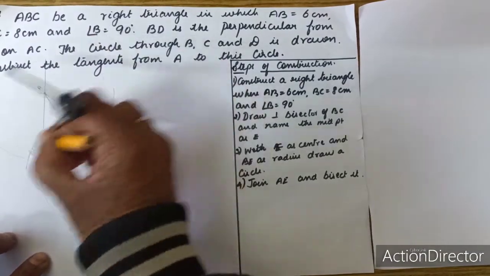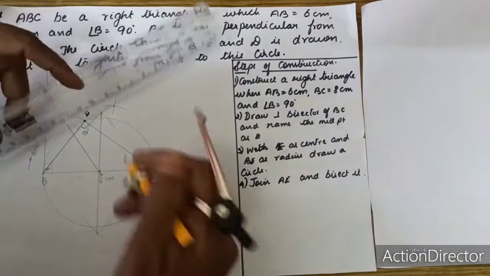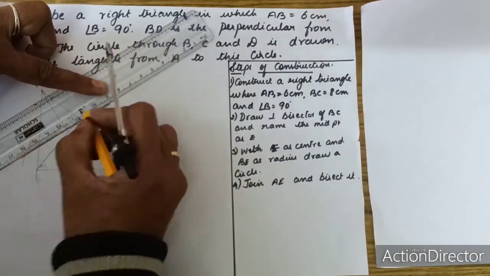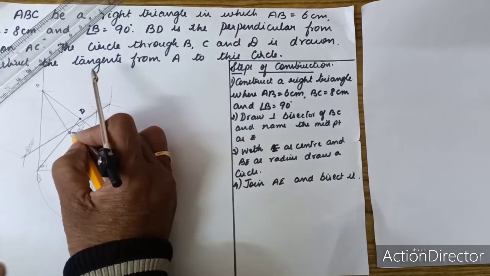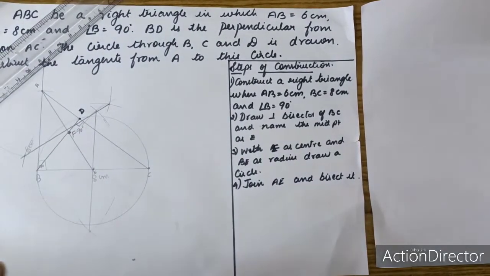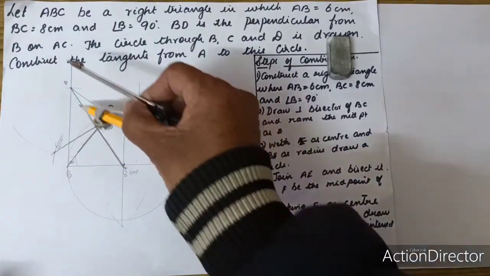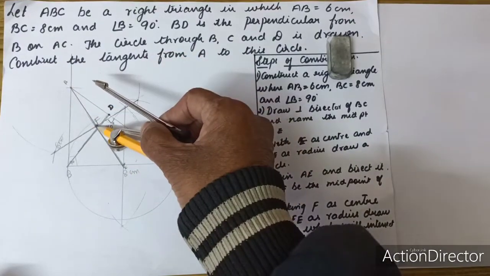So mark these points nicely so that you will get the midpoint of AE. So this point is midpoint of AE and name this point as F.